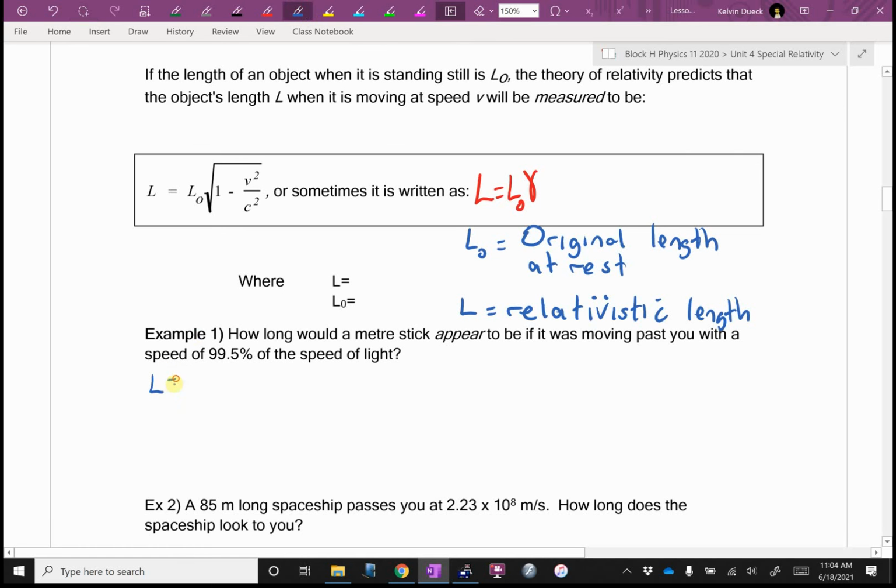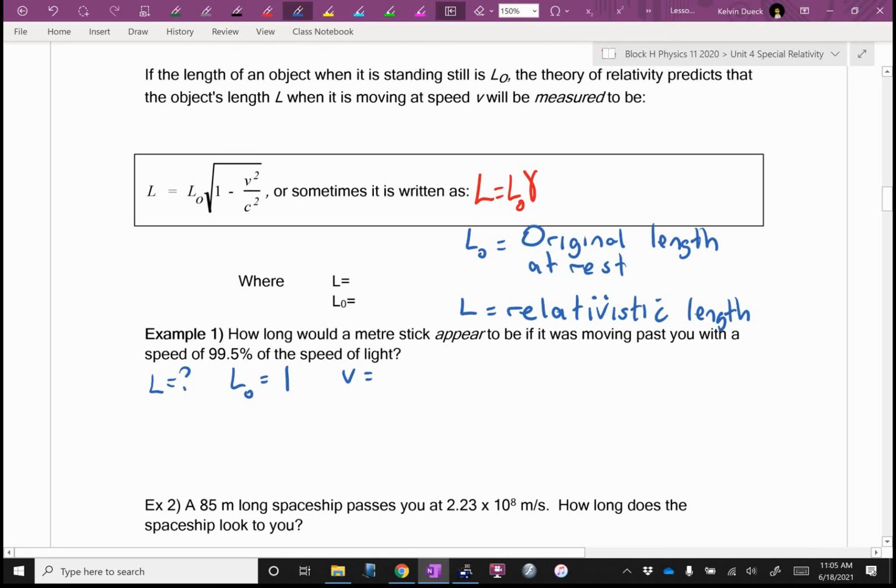So let's go L equals question mark. So then what's L0? Here's your hint. It's a meter stick. Thank you. Some students just can't get that. How long is 1 meter? 1. What's our speed?